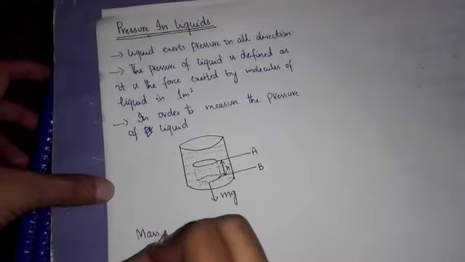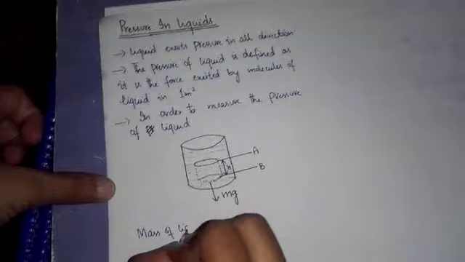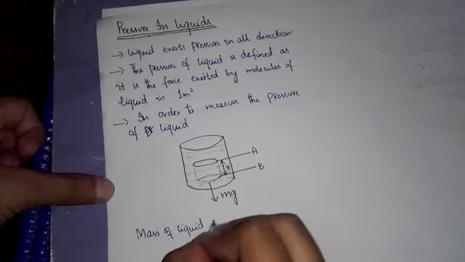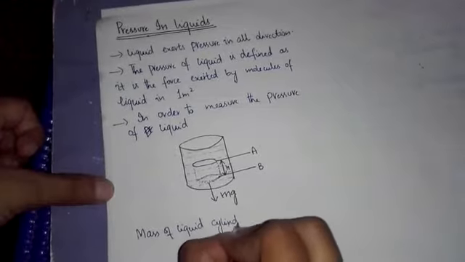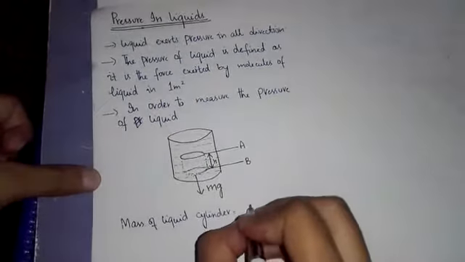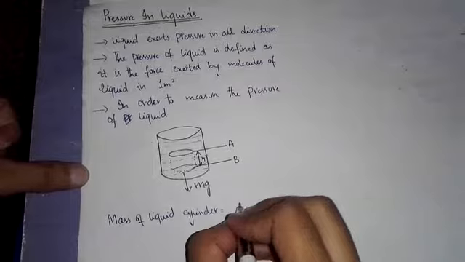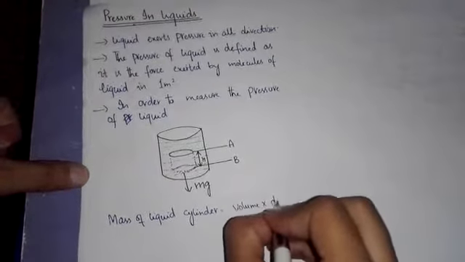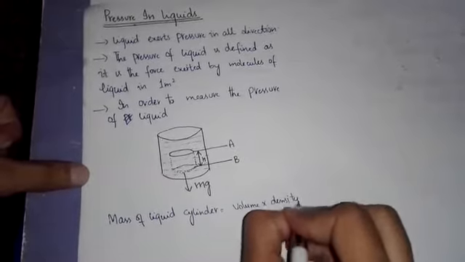In order to find the mass of the liquid cylinder, that is equal to volume into density.